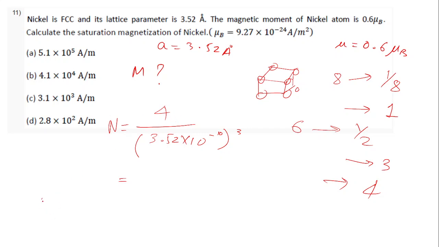Now to calculate saturation magnetization, it will be the number of atoms per unit volume times the magnetic moment of one atom.